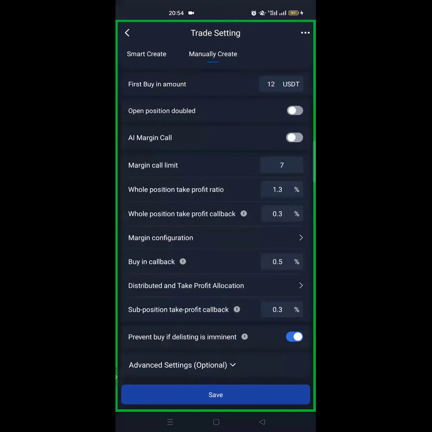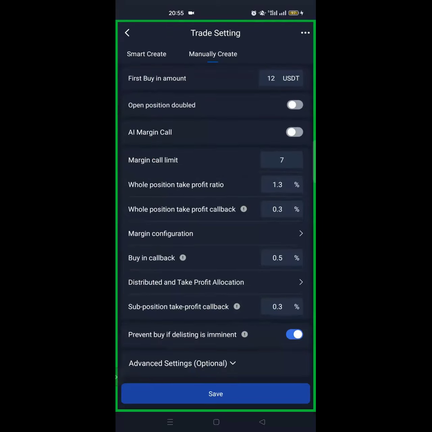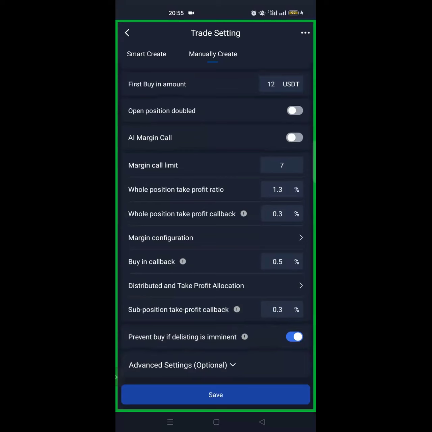The next one is whole position take profit ratio. Now, what is called take profit, or TP, on a signal is called whole position take profit ratio on the robot.